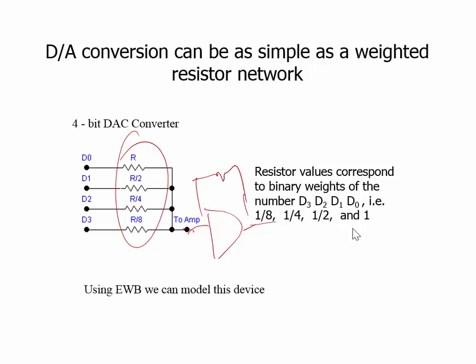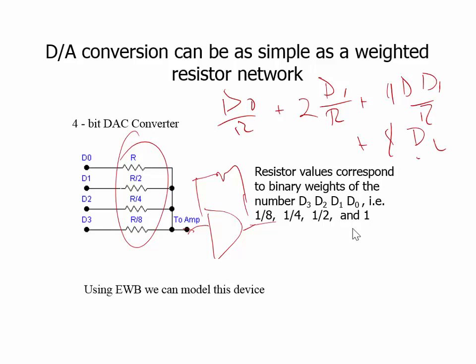directly. So this particular one here is D0 divided by R plus D1 divided by 2R, plus D2 divided by 4R, plus D3 divided by 8R.